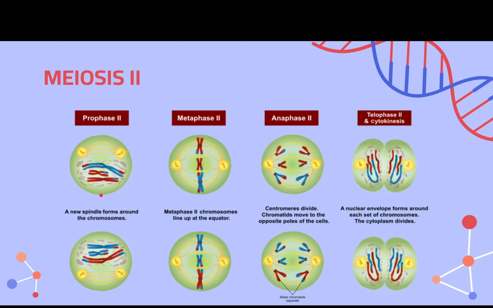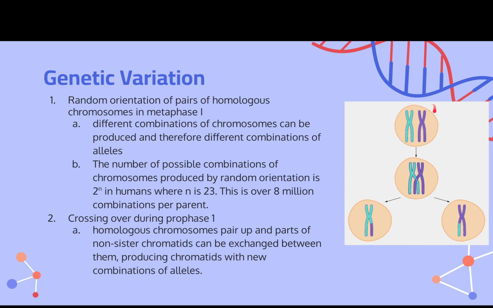This is where crossing over happens, where essentially the same section of the chromosome of the closest sister chromatids cross over and get exchanged between the 2 chromosomes. So, like you can see here, the same section of blue and purple are swapped over in the pair of homologous chromosomes, which means that the alleles are different now.